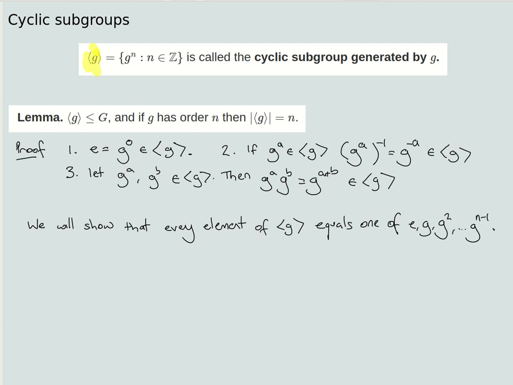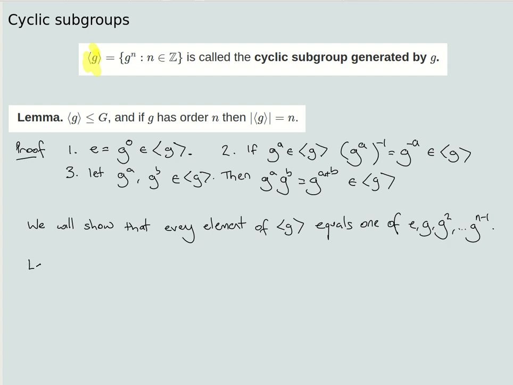Once we've done that, we're finished because you know that all of these elements are distinct. We proved that in our last lecture. So if we can show that every element of the cyclic subgroup equals one of these n elements, and we know that these n elements are all different, then we'll have shown that the size of the cyclic subgroup really is equal to n. So let's do it.